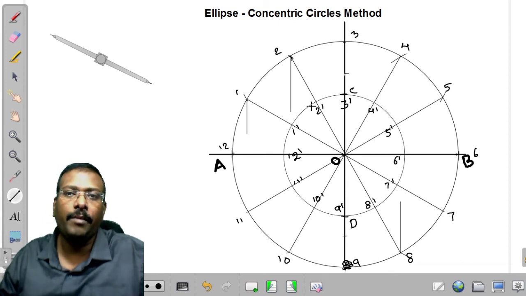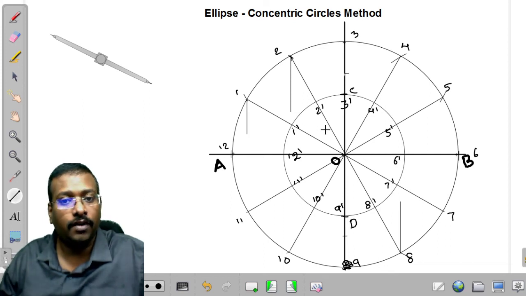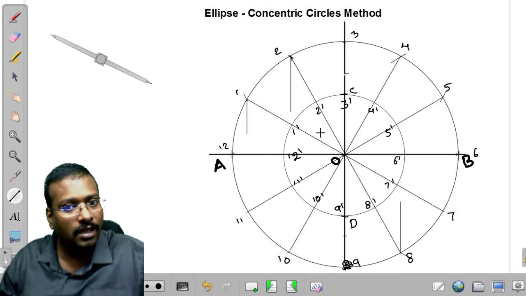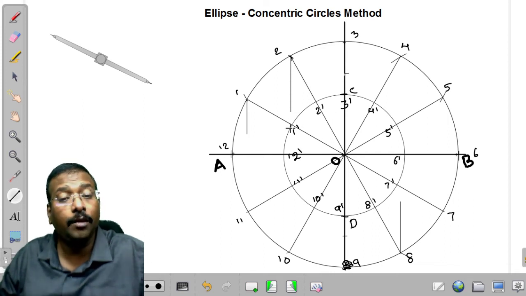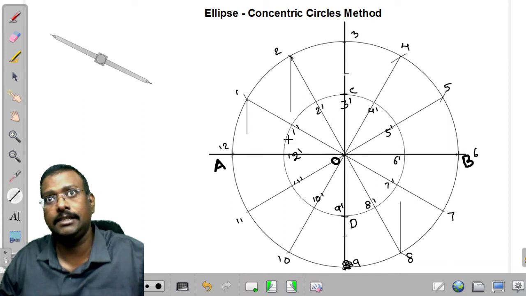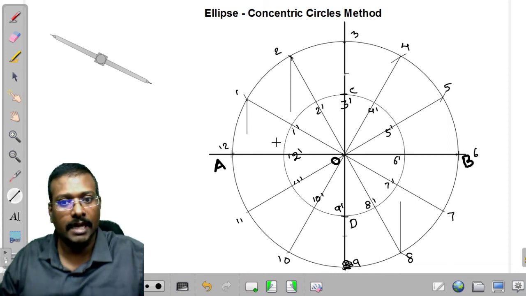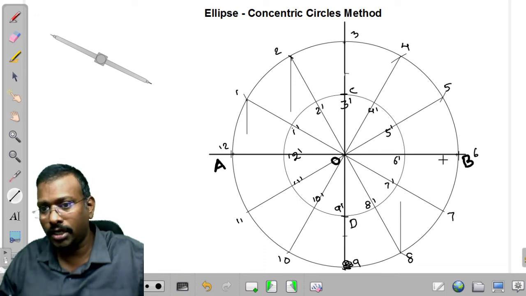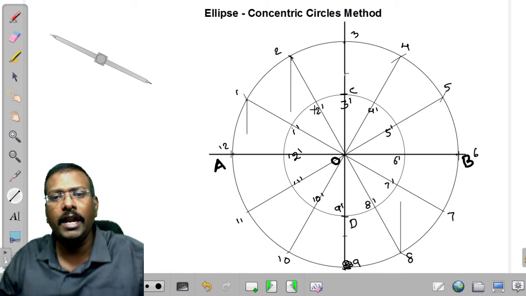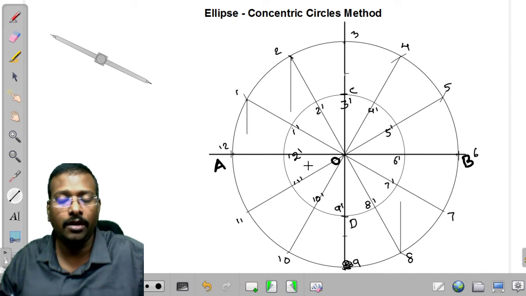So at the minor circle points, at 1 dash, 2 dash, 3 dash and so on, draw the parallel line to the major axis. What is major axis? AB. How it is? Horizontal. Very simple. At 1 dash, 2 dash, 3 dash and so on, we have to draw parallel to the major axis, that is AB, means horizontal. Very simple.